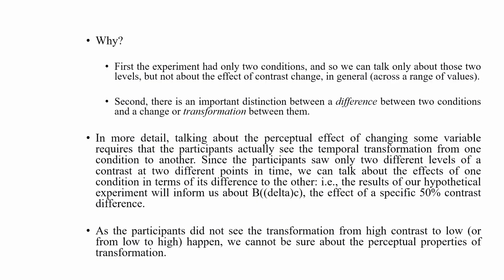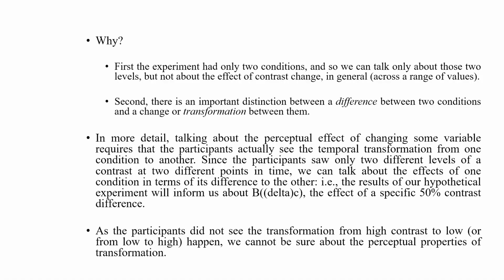Since in this case the participants see only two levels of contrast, 50% and 100%, we can talk about the effect of one condition in terms of its difference from the other. 50 is what you get, 100 is what you get, but you cannot talk about how one of these two conditions transforms into the other.